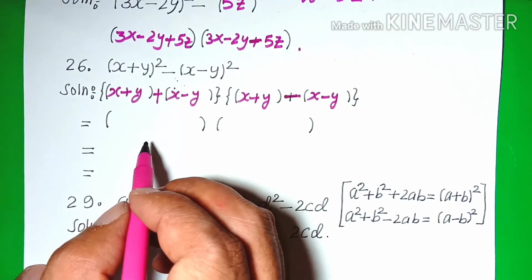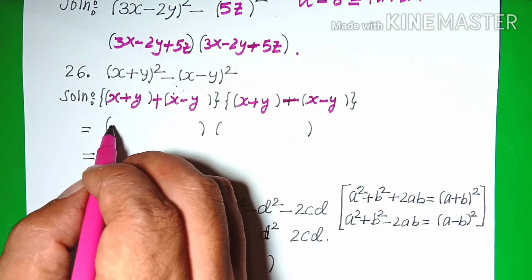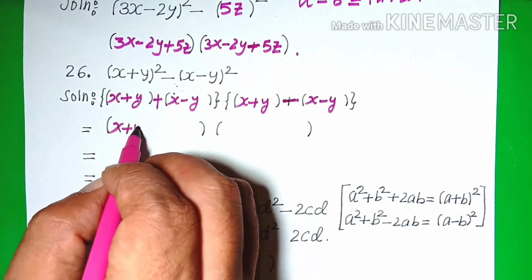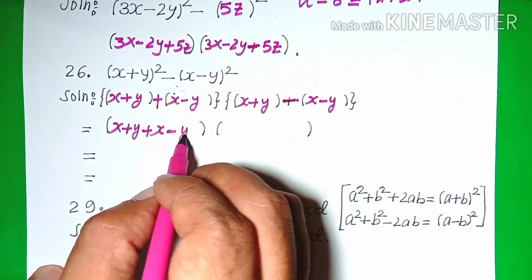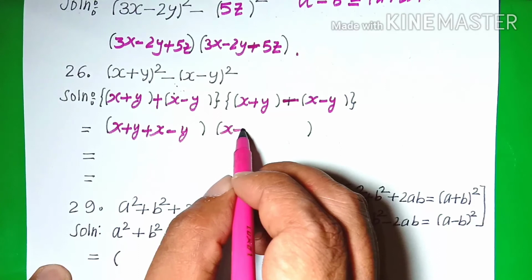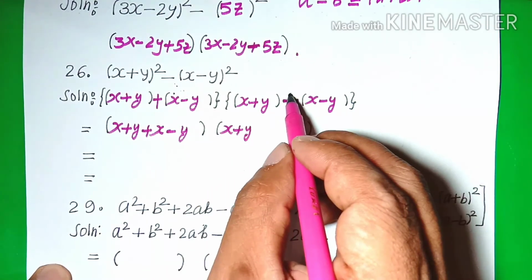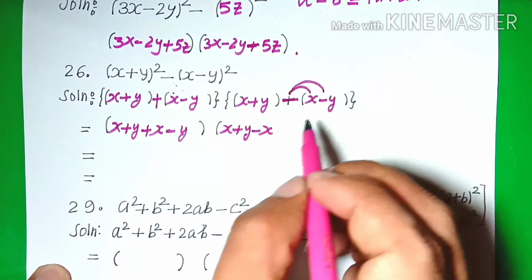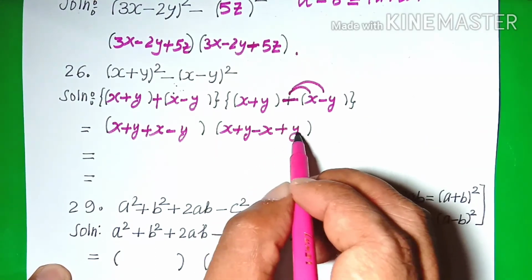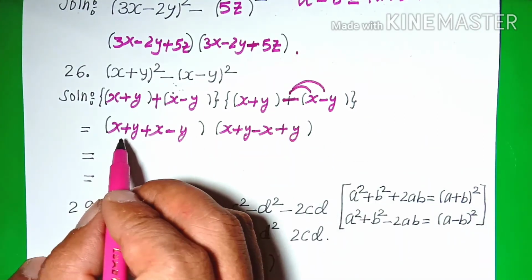Now after that we can open the bracket, then x plus y plus, again plus minus y. Here again x plus y you'll have to multiply by negative. So minus x, minus into minus will be plus y. So we can see here the like terms.